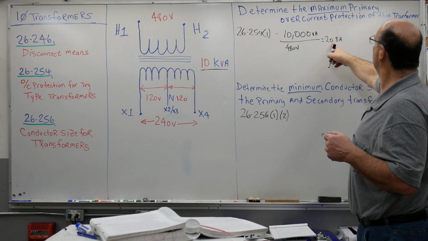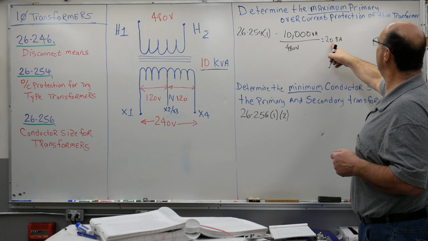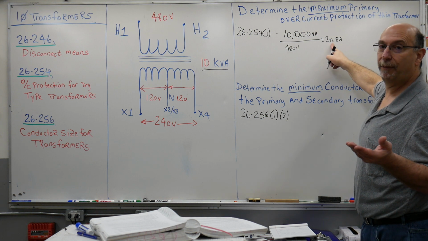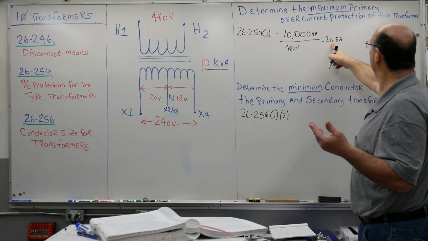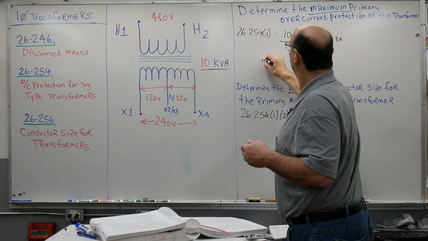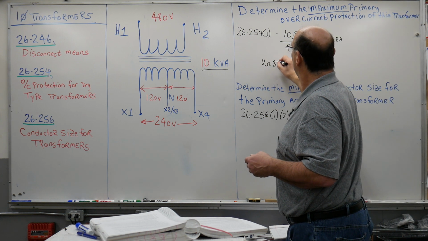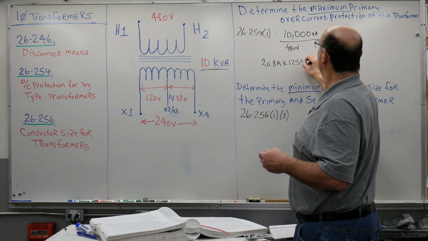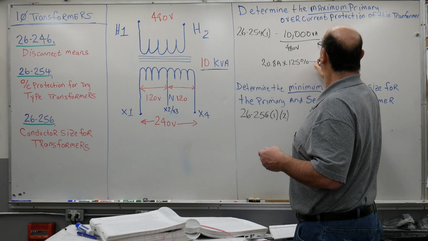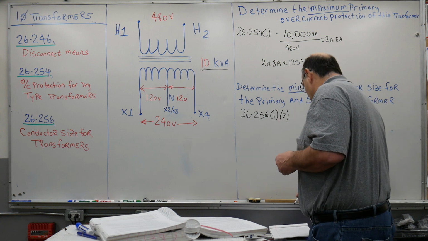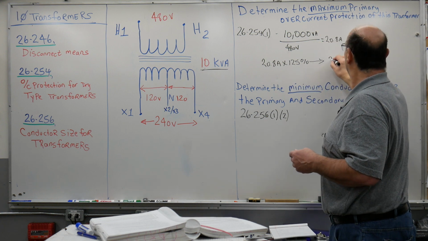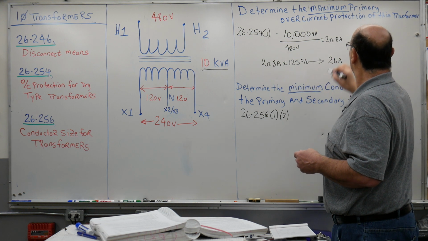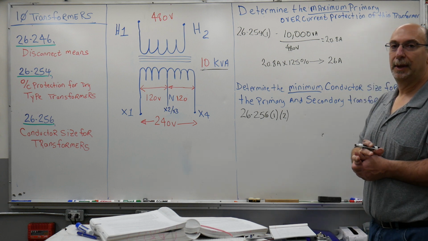So we're going to take this 20.8 amps, because that's the maximum full load current of that transformer, and multiply it by 125%. And our answer comes out to be 26 amps.